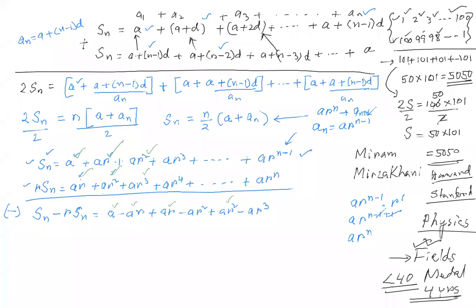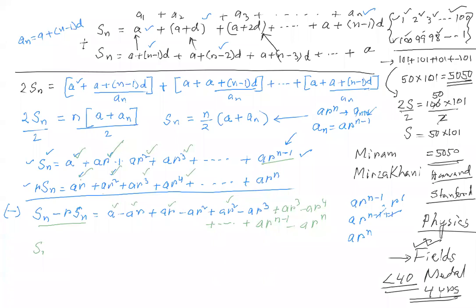And the next one would be ar cube minus ar to the power 4. Now, if I keep going this way, the last term is going to be ar to the power n minus 1 minus ar to the power n. Now look, I could factor out s sub n here.